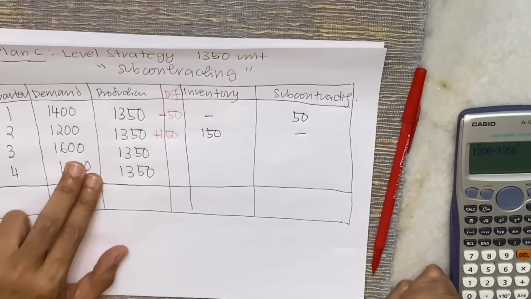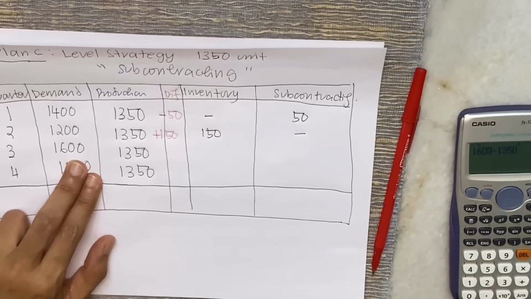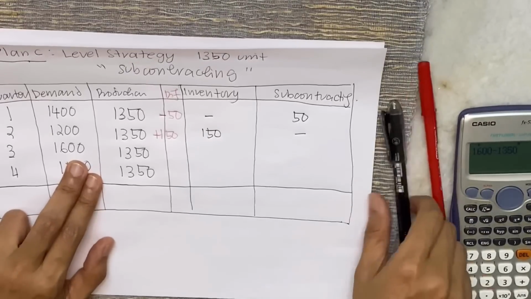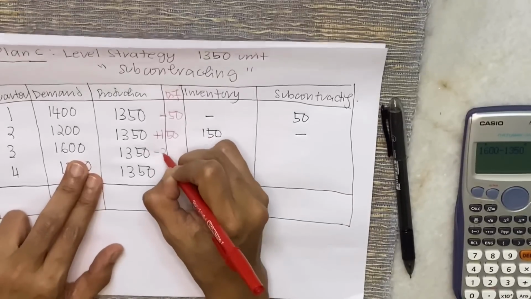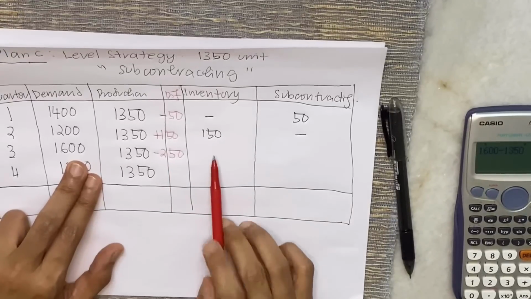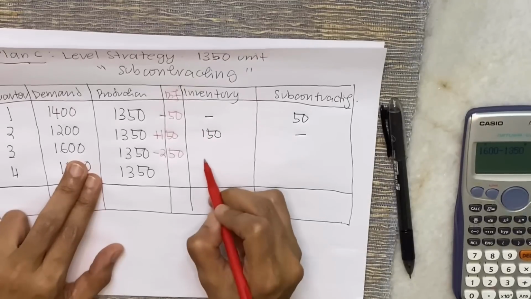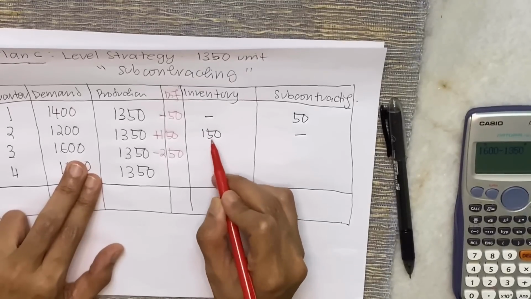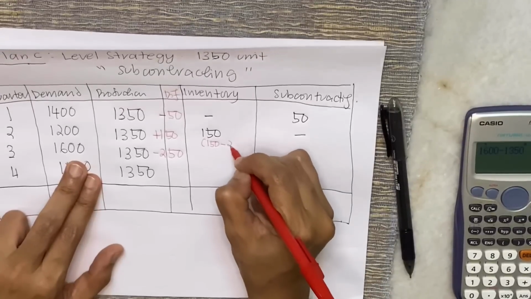Alright, now class, for the third quarter, the demand is 1600, tetapi our production is 1350. Meaning to say that we required another 250. Okay, so this 250 class, remember our inventory is 150. So kita kena dapatkan the amount dekat inventory sebab kita kena guna inventory kita. So 250 minus with the 150.